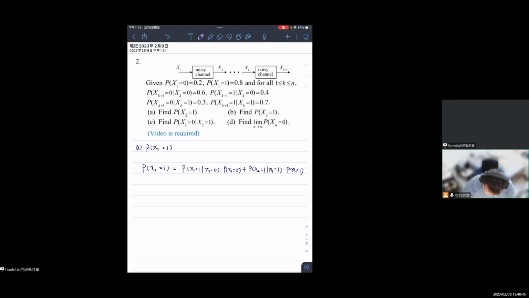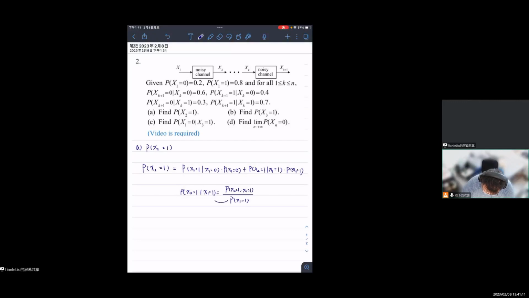I think we all know the conditional probability formula is like this. Right?